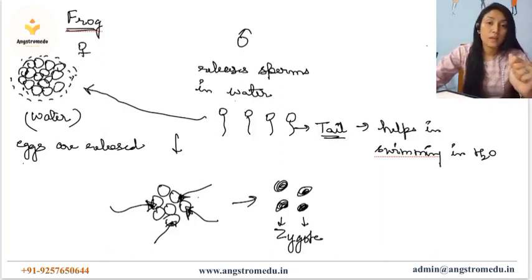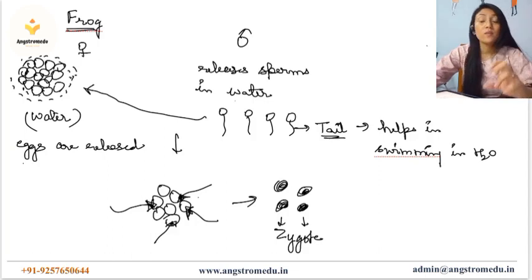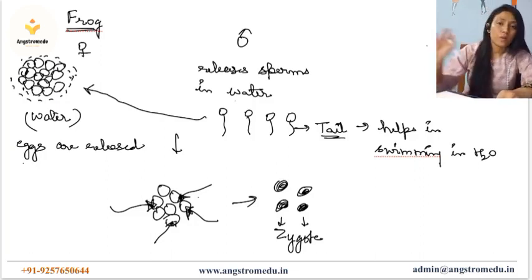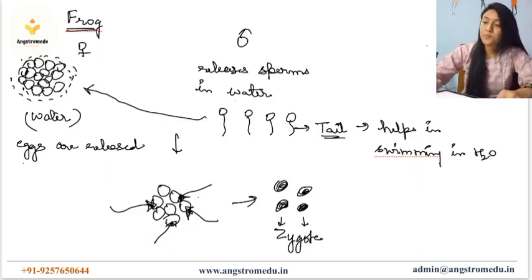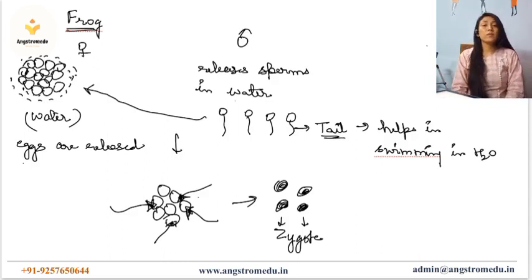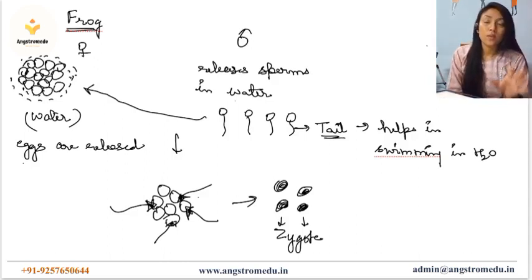There are internal and external fertilizations. Here we are purely talking about sexual reproduction, so that's why we are considering internal and external fertilization. Otherwise, there are different kinds of fertilization also, but we are not going into that topic right now. So here we are clear with the zygote formation.